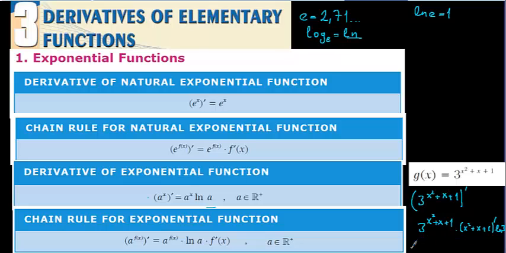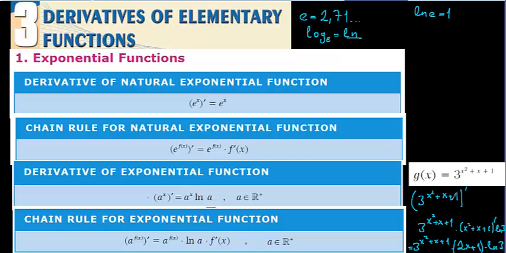So it's equal to 3 to the power of x squared plus x plus 1 times the derivative of x squared, which is 2x, the derivative of x is 1, and the derivative of 1 is 0. So I close this part, times ln 3, and that is our answer.